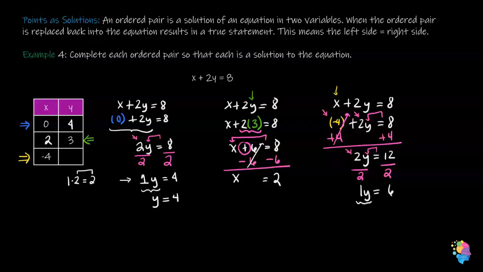Now don't forget that 1y is just y, so y equals 6 will be the missing coordinate. So then we ended up with 3 solutions for this equation. The first one is (0, 4), the second solution is (2, 3), and the last solution is (-4, 6).